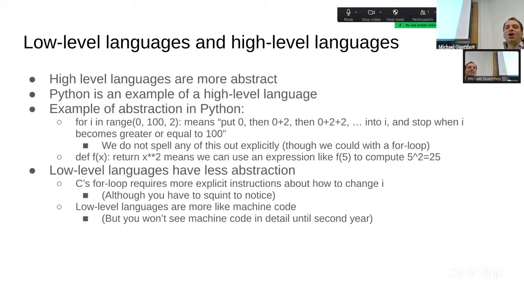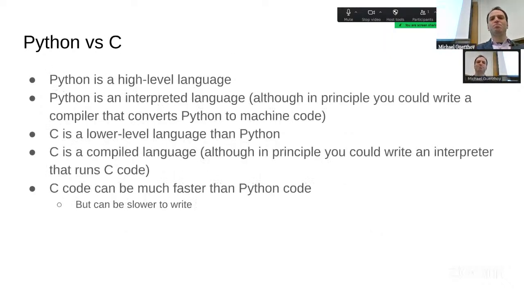Okay. So low level languages, again, have fewer abstractions. Python is a high level, interpreted language. C is lower level, still not the lowest possible level, meaning that instructions in C are not going to be concrete in the sense that they're not going to directly say, like, the voltage was low here, so make it high there.